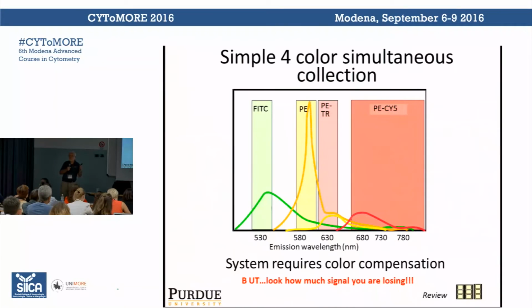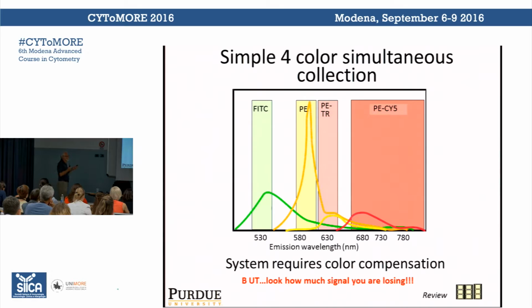So take a look at this graph. It's very simple, straightforward, 4-color collection. The fundamental basis of how we do most flow cytometry is we take a window, we use optical filters, and inside that window we collect all the photons that come through the flow cytometer that fit in that window.